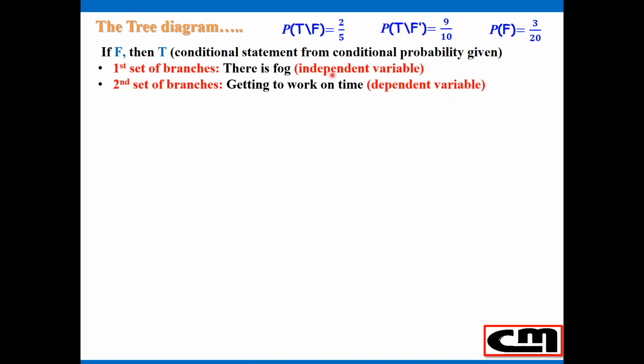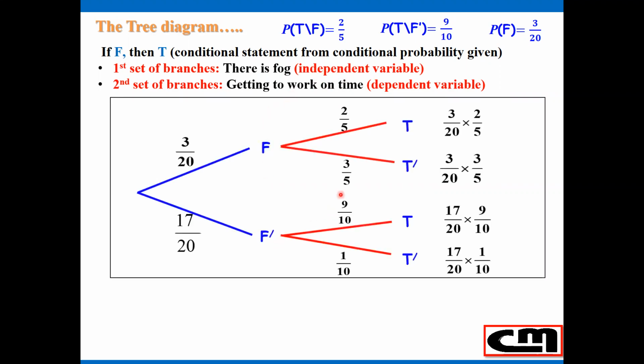Once you have put this in place, all other things will be easy to carry out. Now, as you can see, this is my tree diagram. The first set of branches, the independent variable F, is fog and no fog. Then the second set of branches are arriving on time or not, right?